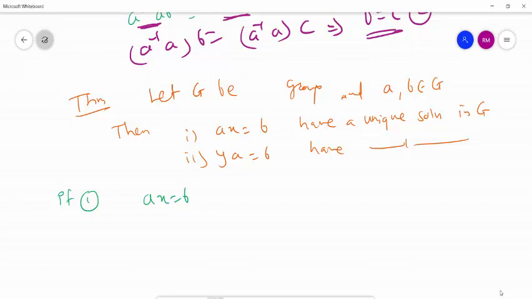We have to write x on the left hand side, so we have to remove this a. This a will be removed by pre-multiplying by a inverse.